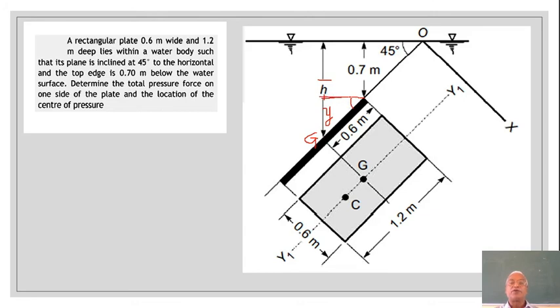Because it is a horizontal surface over here, here there is a vertical surface, and this is inclined. So I can write sine theta is equal to the opposite side, that is y, divided by 0.6. So y becomes 0.6 sine theta. So 0.6 sine theta plus 0.7 will be giving you h bar, right? Okay.